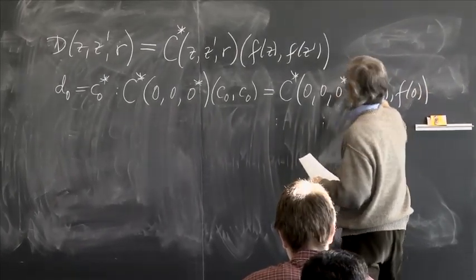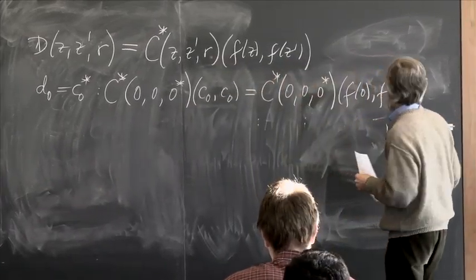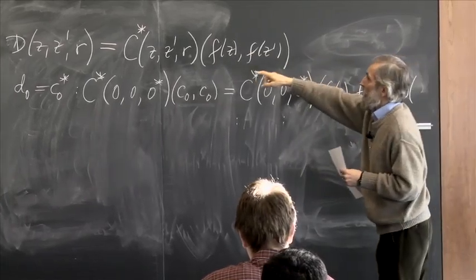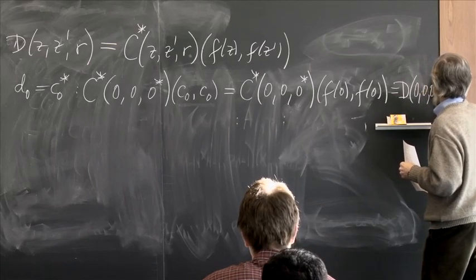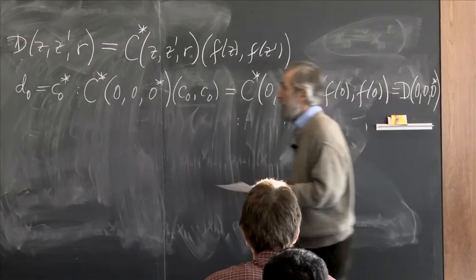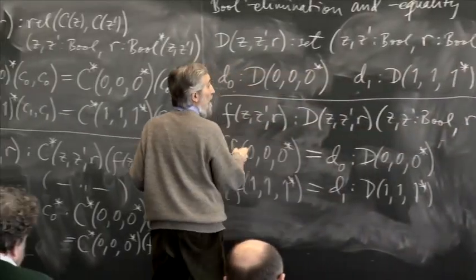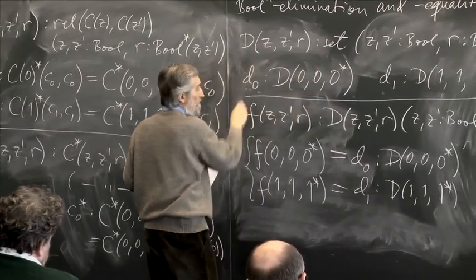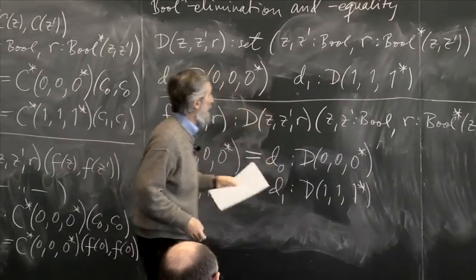And this, because of the definition that we have made here, is nothing but capital D of 0, 0, 0 star. So that means that we now have this premise. And similarly, of course, with the 0 replaced by 1.